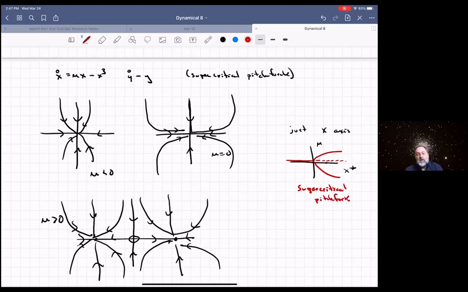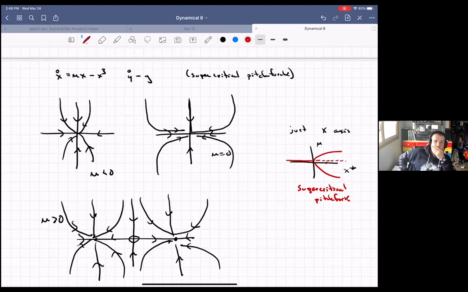But because I'm also now moving vertically down, those stable fixed points on the x-axis become nodes, and the unstable one becomes part of a saddle. That sort of makes sense? Yeah, I follow that. Okay, so this is not super interesting.